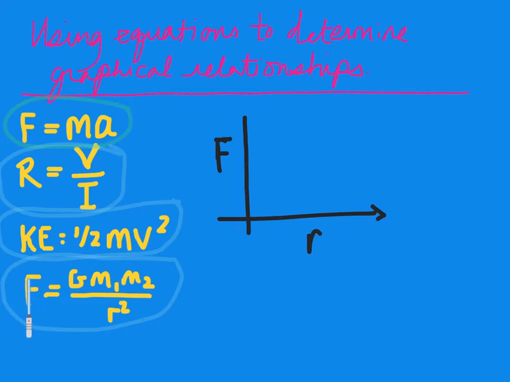Well, F will decrease, and it'll decrease at an exponential rate because we are squaring R. So this would become 1 over 4 and 1 over 9 and 1 over 16 and so on. So what does that look like? That is an exponential decrease in the value of F as R increases.